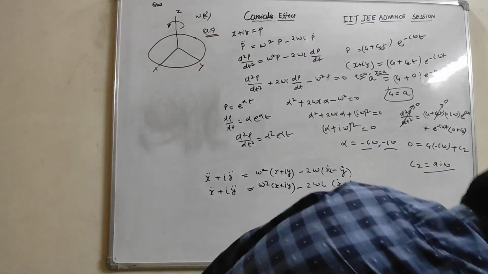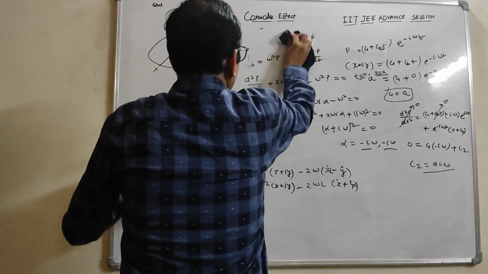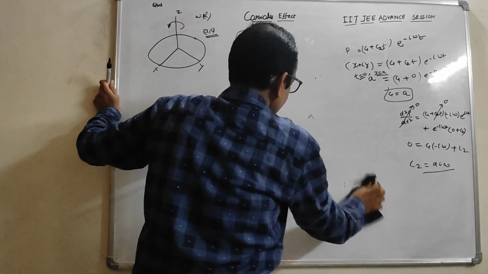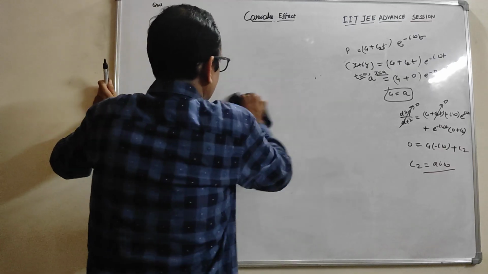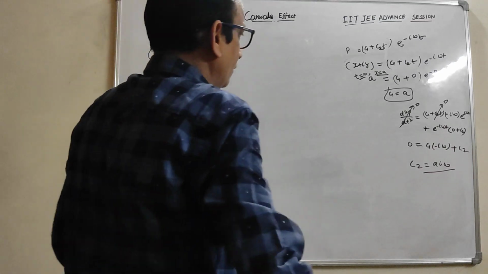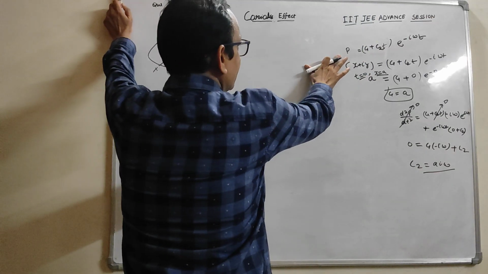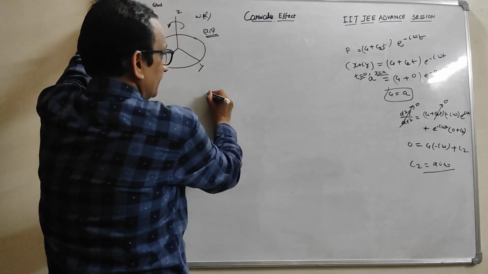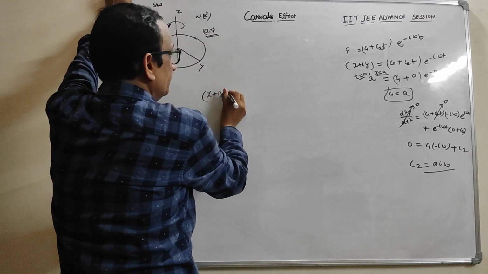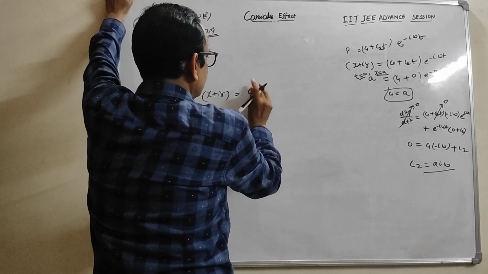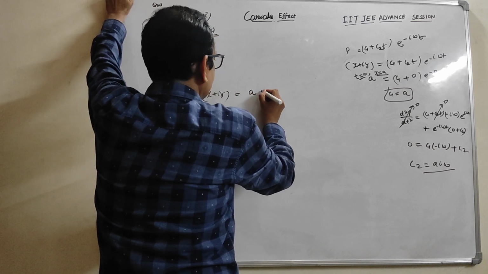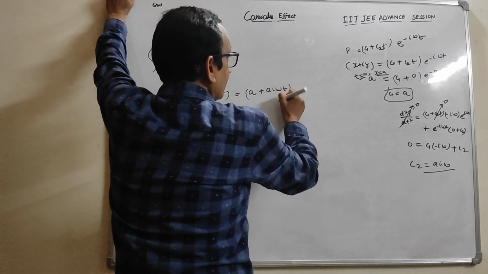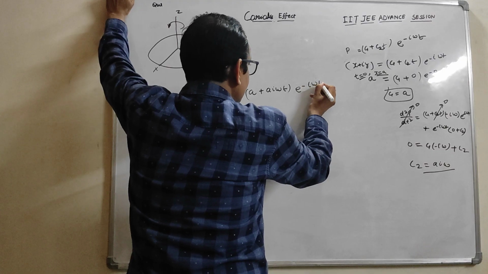So we put the values in this equation. So x plus iy would be c1, this is a, plus a iota omega t, e raised to power minus iota omega t.